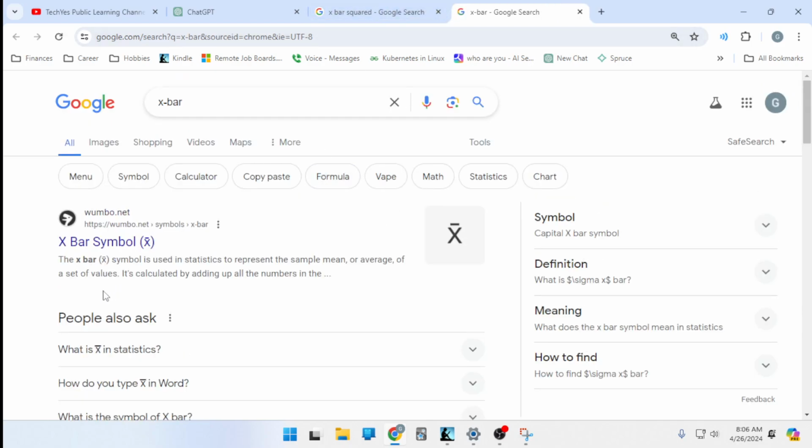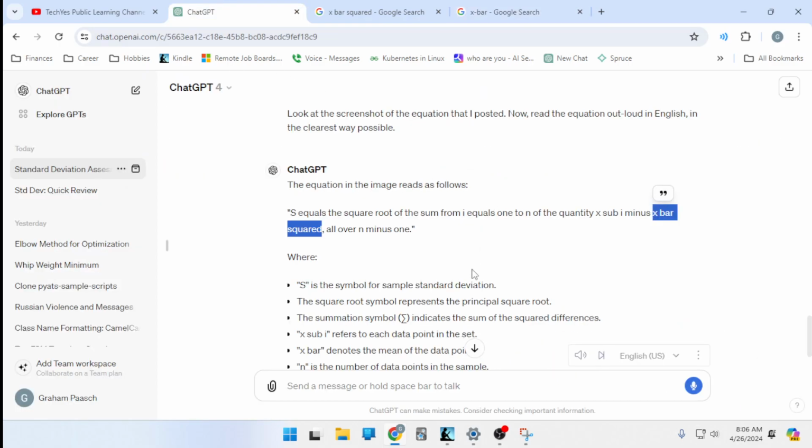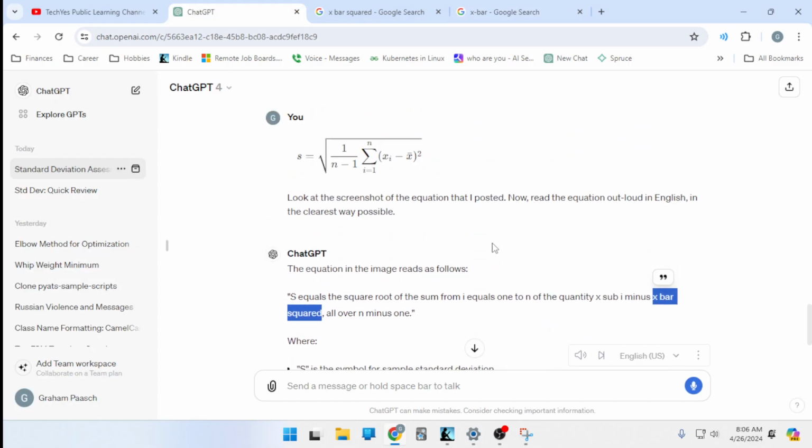Yeah, so x bar. There we go. That's what we call it. So yeah, I think this is the key to understanding these symbols, because it's not meant to be read out loud. Mathematics is meant to be done largely in your head, rapidly, as fast as possible.